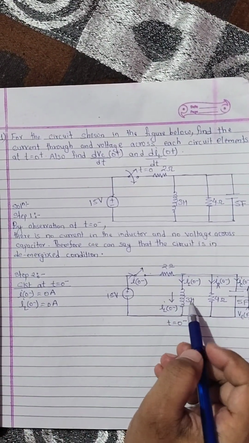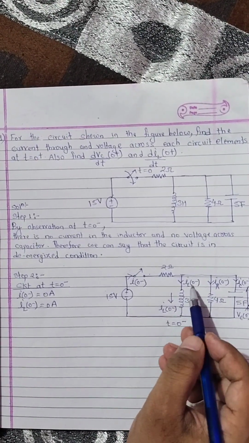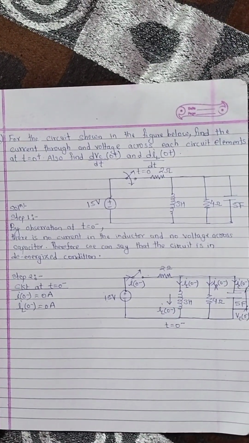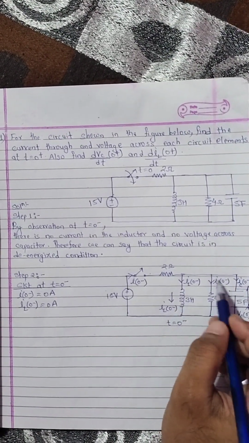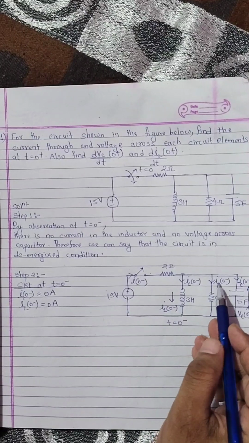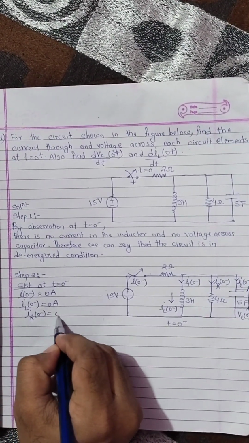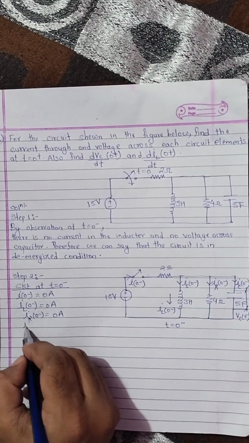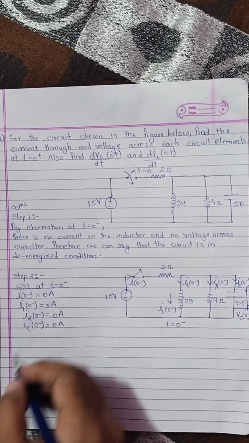In this branch, IR0 minus is equal to 0 ampere. Similarly, this IC0 minus is also 0 ampere.